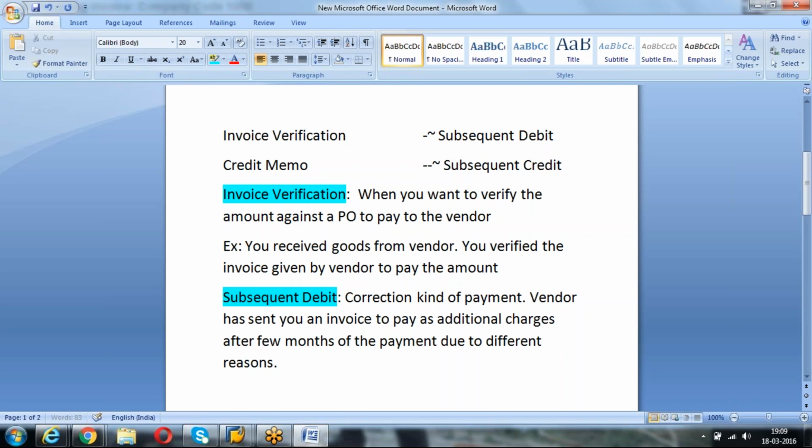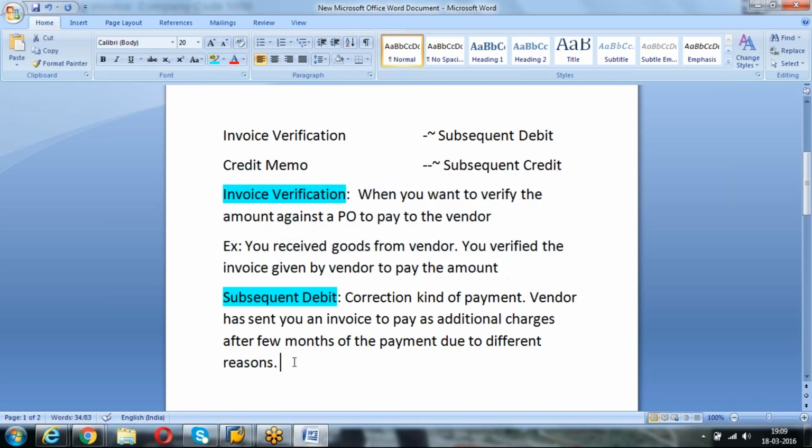Maybe he would have told you that when sending the goods, he had spent some additional toll charges which suddenly increased, or the petrol price increased drastically because of the travel of 1500 kilometers. For him around 5000 rupees additional charges happened, but at the time of invoice he had given the invoice based on PO. If it is given at the time of invoice verification, we can include that amount along with invoice verification.